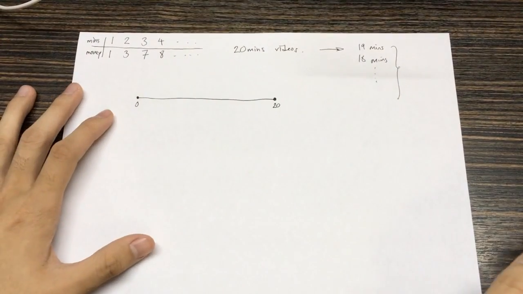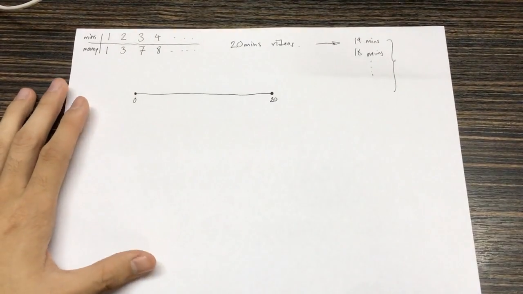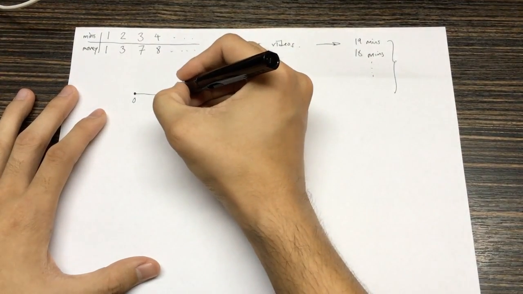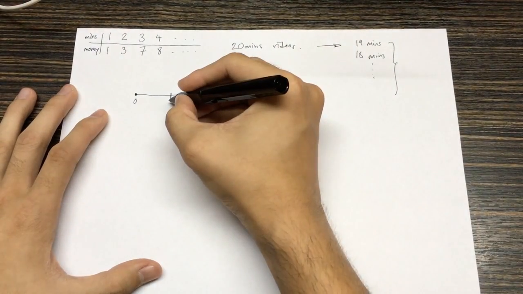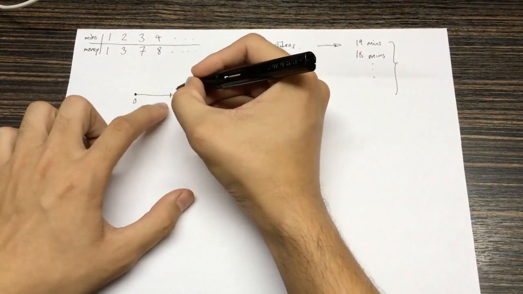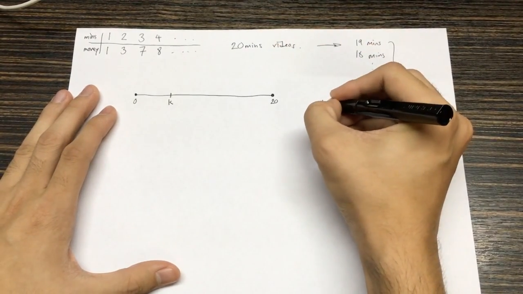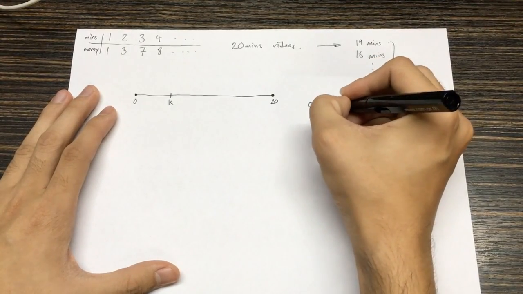Now, suppose I want to split this 20-minute video into smaller chunks. Well, one way I can think about this is I can first place an initial split somewhere along that 20-minute video. Let's suppose I call this first chunk up to k minutes, where k is a number between 0 and 20.